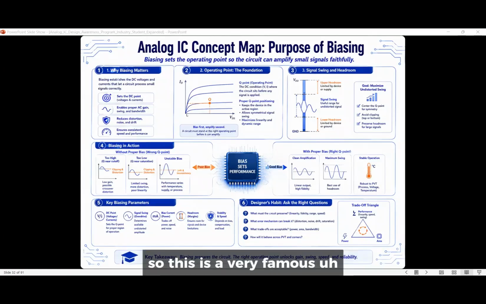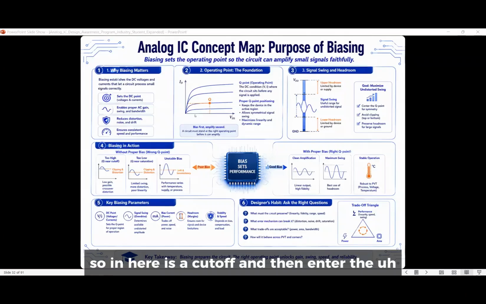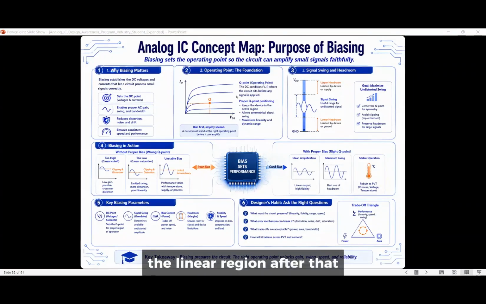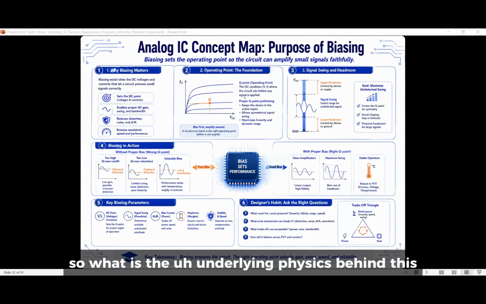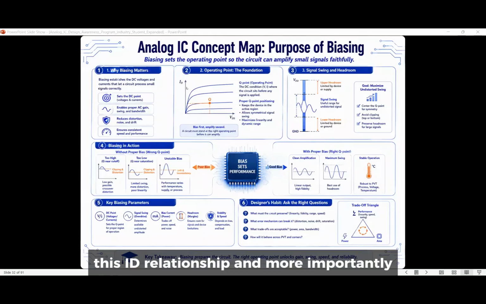This is a very famous square law curve. In here is a cutoff, and then it enters the linear region. After that it enters the saturation region. So during the class, we'll try to understand why this happened. What is the underlying physics behind this ideal relationship?